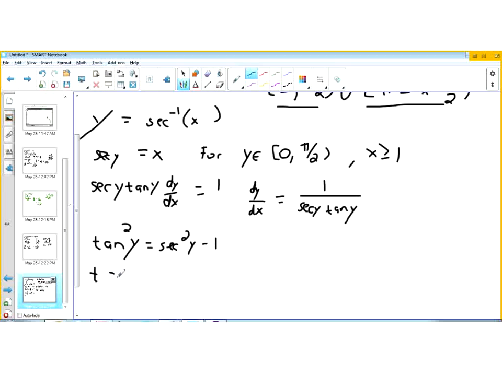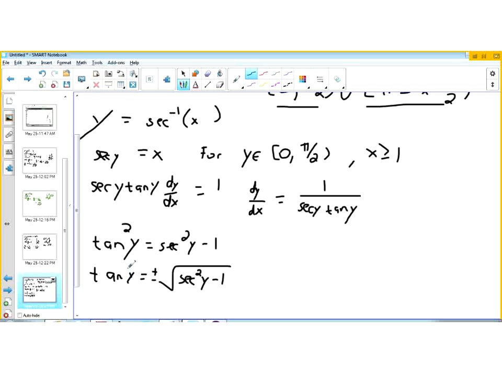So the tangent of y is equal to the square root of secant squared y minus 1. Now, actually it's equal to plus or minus the square root of secant squared y minus 1, right?